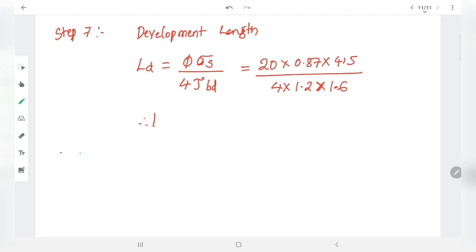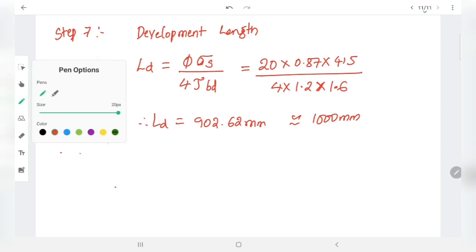When you solve this one, you will be getting value of LD is equal to 902.62 mm. It may be around 1000 mm, that is 1 meter development length need to be calculated.